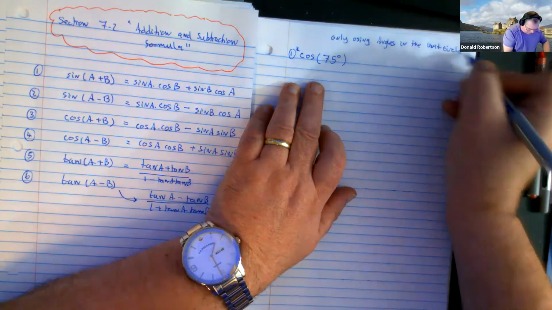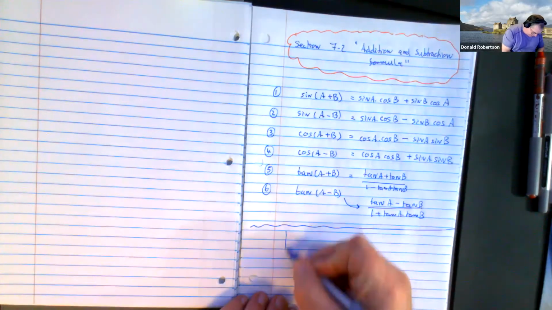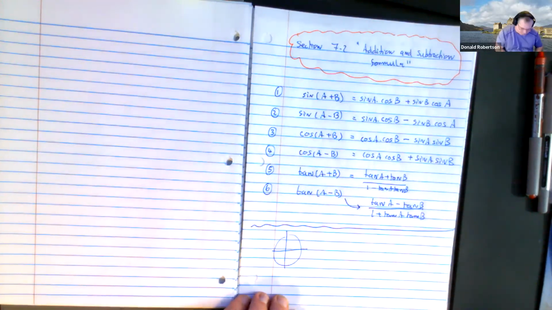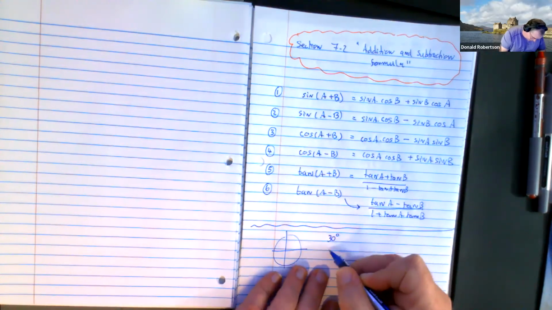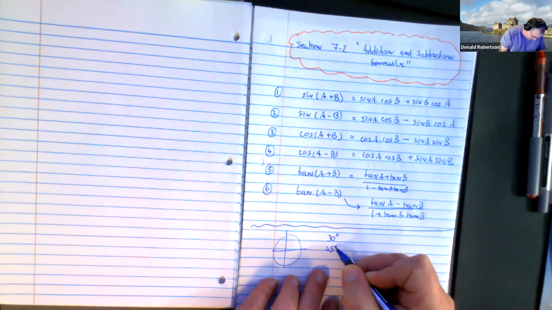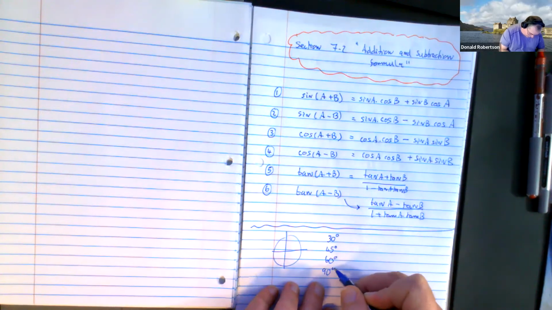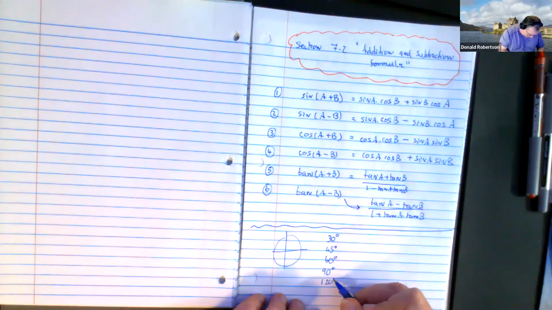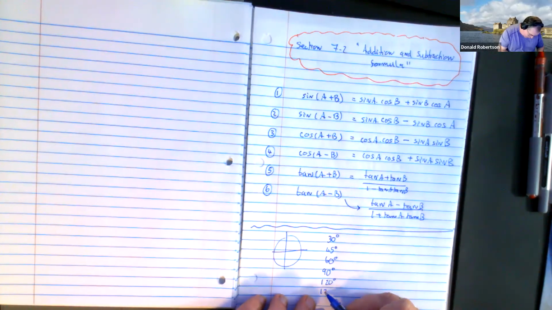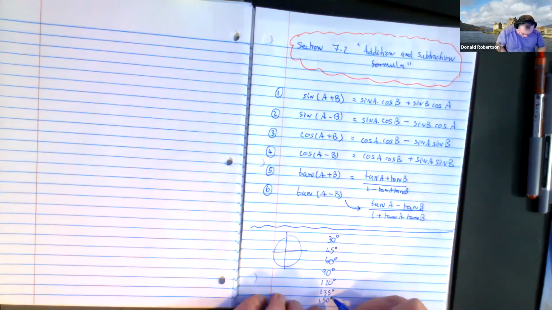So let me put the angles that are typical in the unit circle, right? Imagine that's my unit circle. In degrees, you've got 30 degrees, you've got 45 degrees, you've got 60 degrees, you've got 90 degrees, you've got 120 degrees, then you've got 135 degrees, then you've got 150 degrees, and so on and so forth.